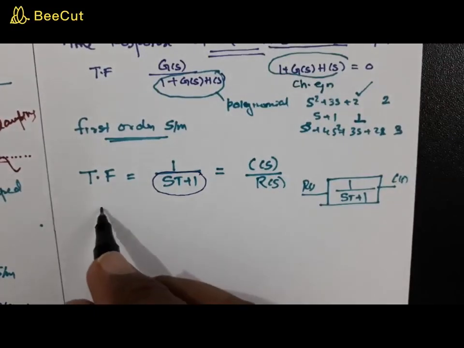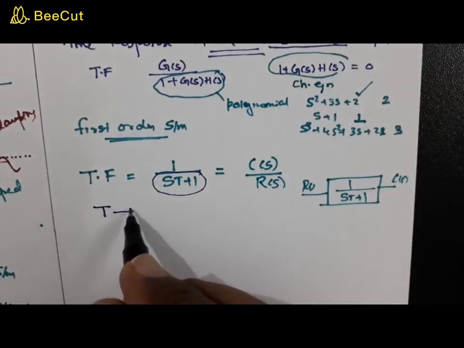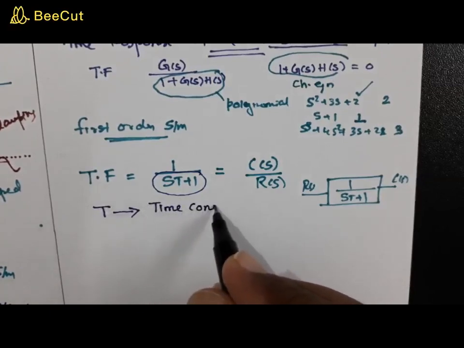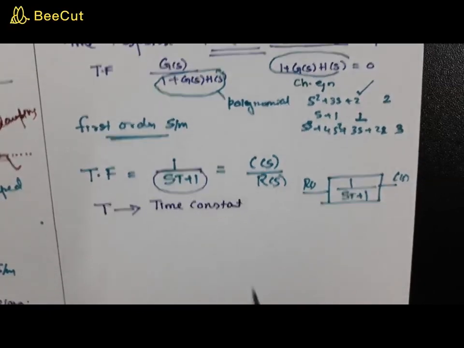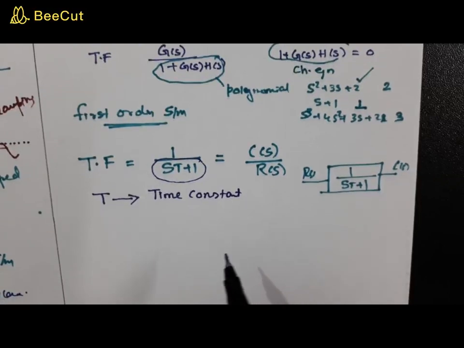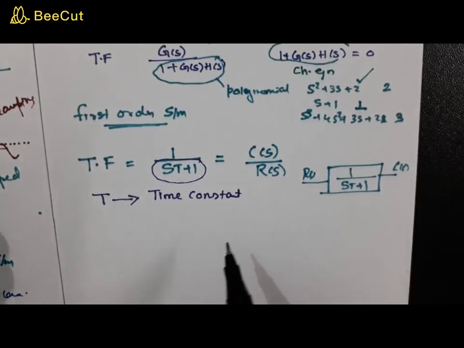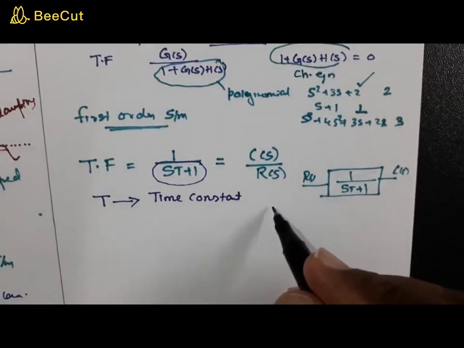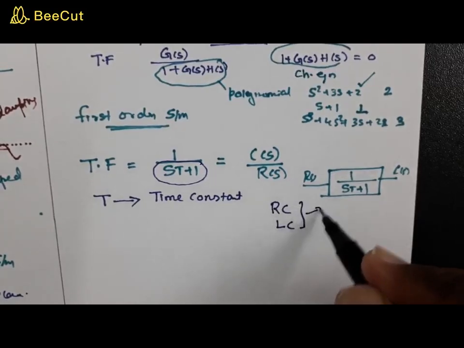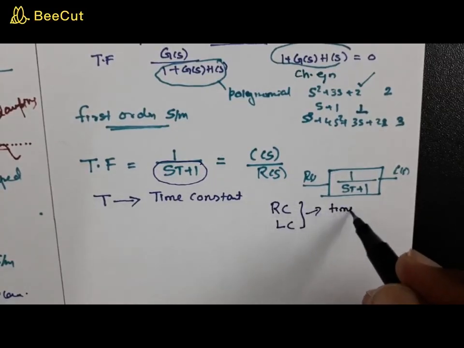Now, I'm going to introduce one more term, T, which is called the time constant. You have studied in your electrical circuits that the time constant depends on components like RC and LC, which relate in some way to time.